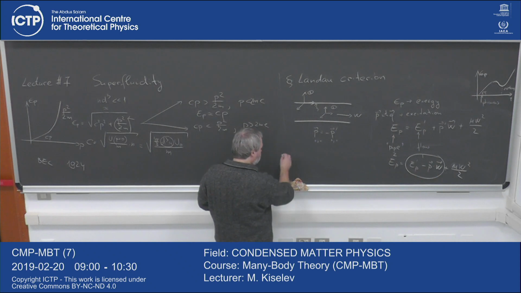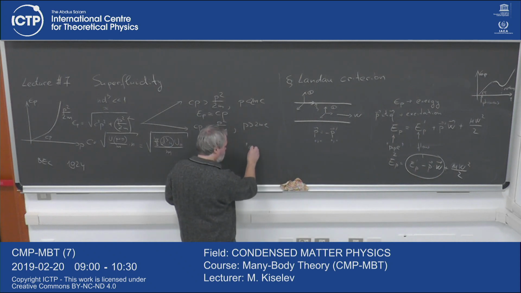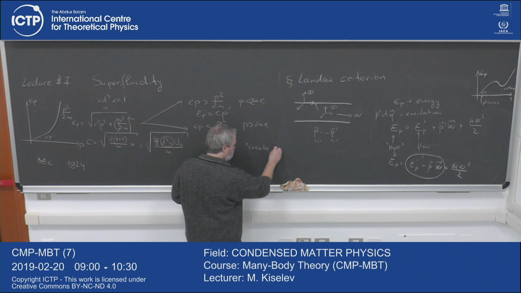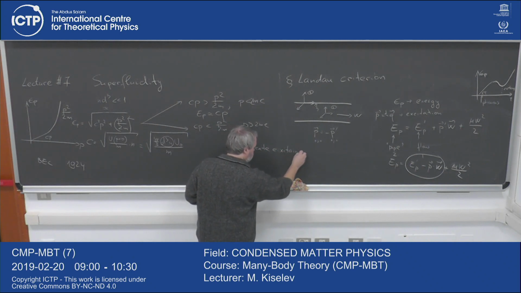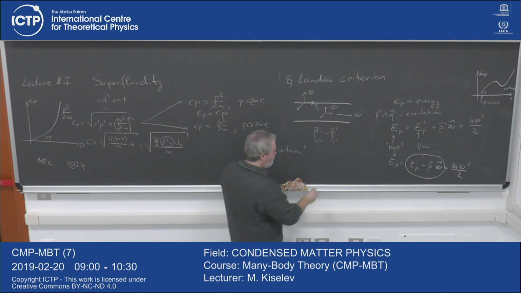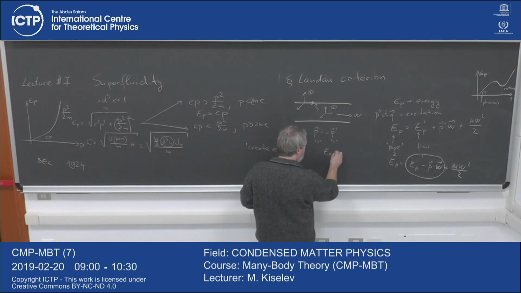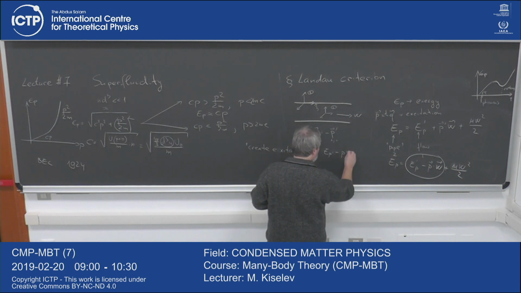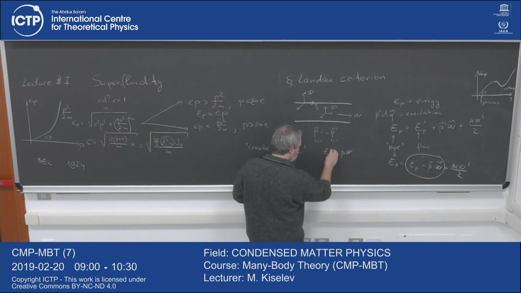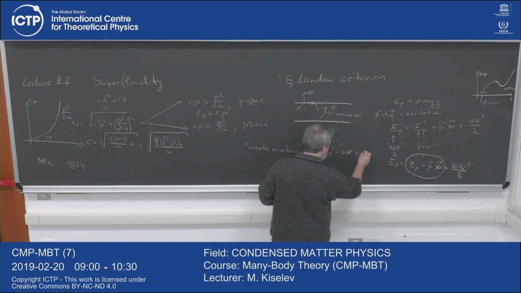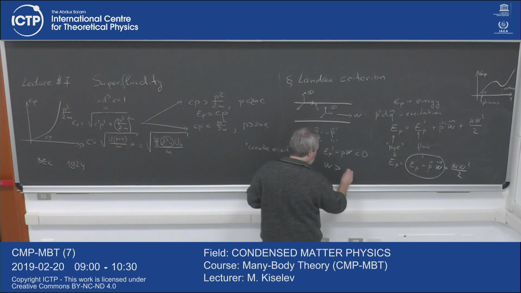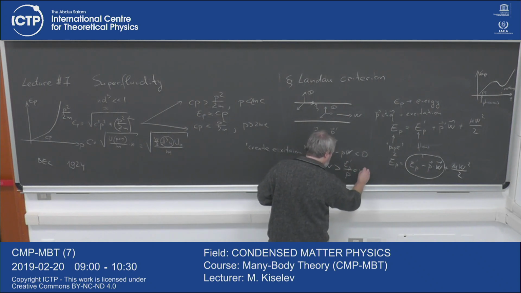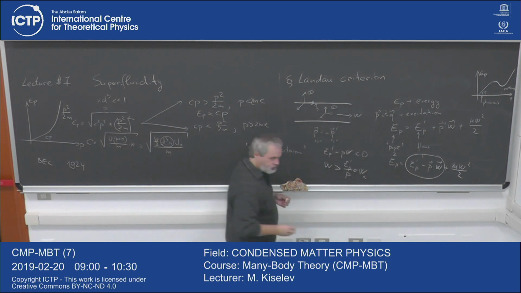So the criterion to create an excitation in a pipe is that epsilon prime(p) minus p w should be negative. Or the velocity should be larger than epsilon prime(p) over p, and this one I will call the critical velocity.